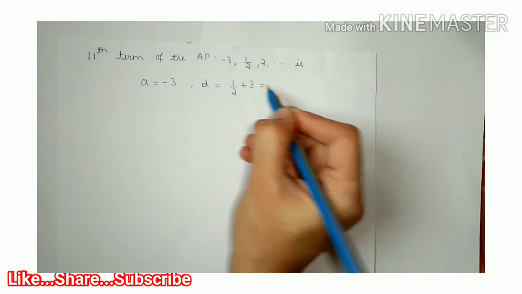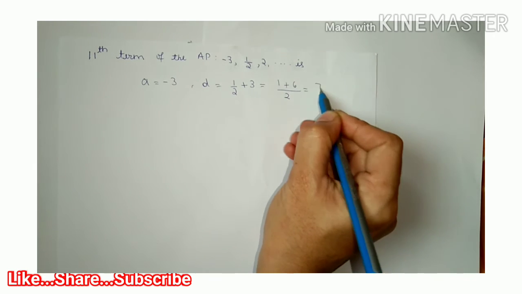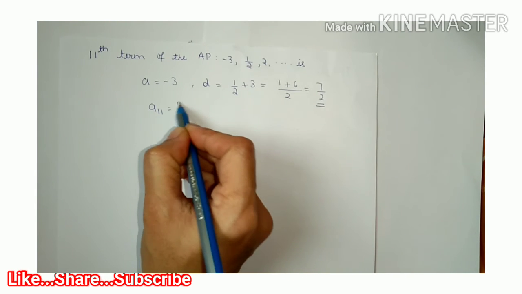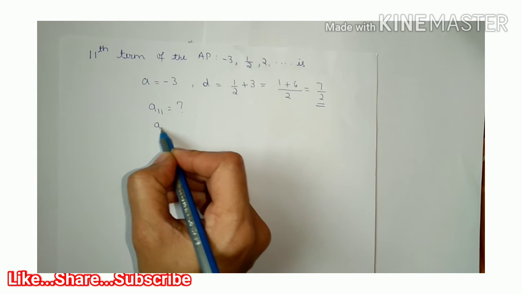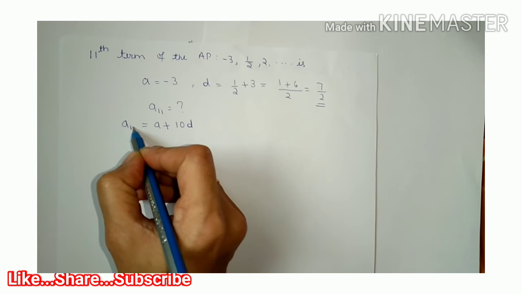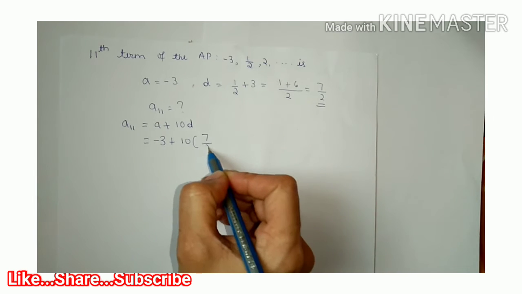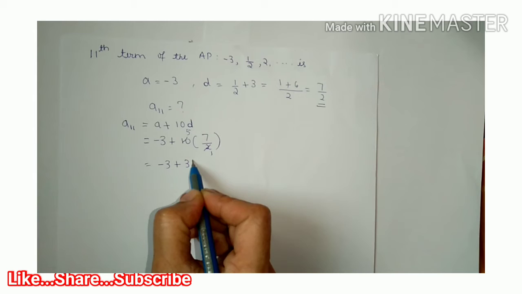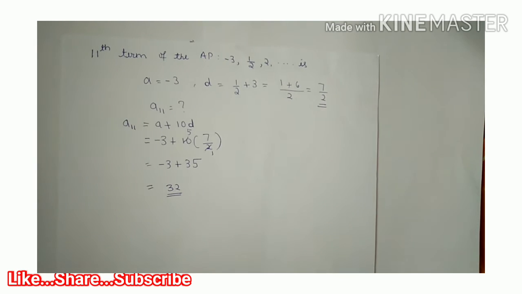Minus half plus 3, 2 is the LCM. 1 2s are 2, 3 2s are 6, 5 by 2. So 5 by 2 is the common difference. 11th term a11 is equal to how much? a11 is a plus 11 minus 1 into d. a plus 10d. a is minus 3 plus 10 into d, 5 by 2. 2 5s are 10, 5 5s are 25. Minus 3 plus 25 is 22. The 11th term of the AP is 22.